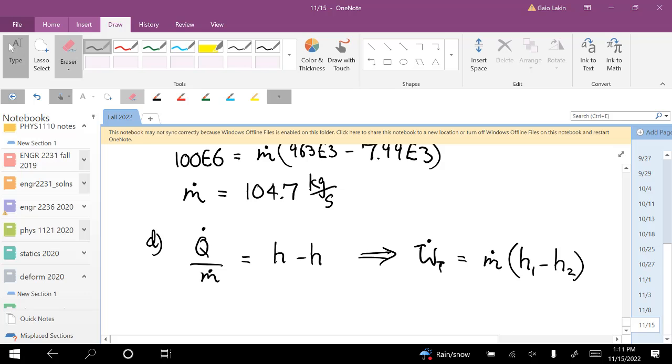Heat at the boiler is H1 minus H4, and so Q dot at the boiler is 270 times 10 to the 6th, so 270 megawatts.